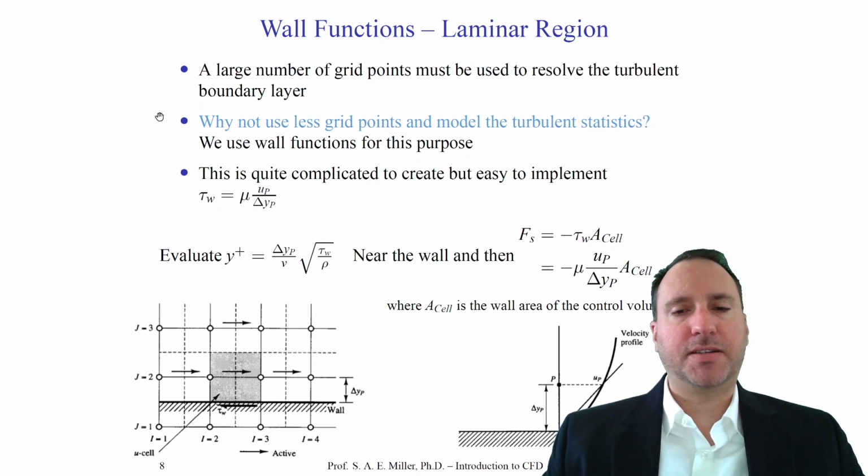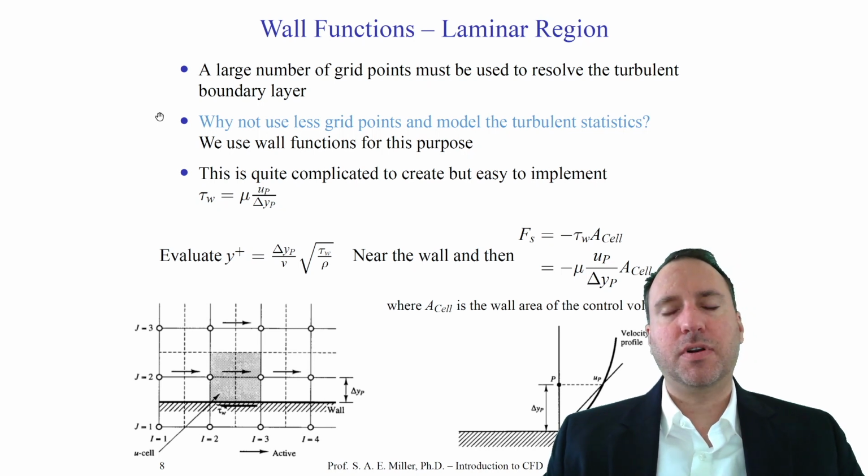So people in practical applications have developed the so-called wall functions for laminar regions and turbulent regions. The laminar implementation of the wall function is much simpler. The turbulent one, of course, is much more complicated.